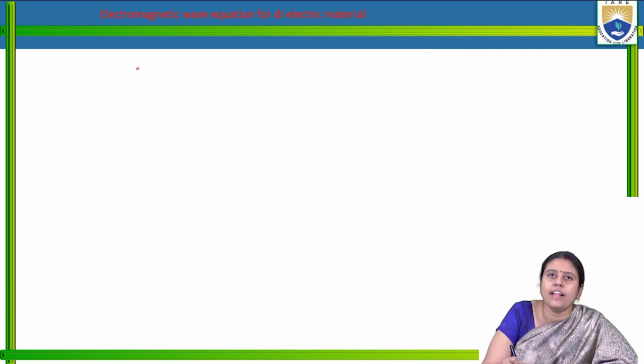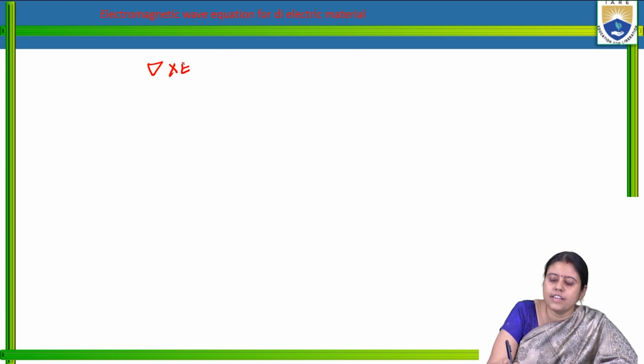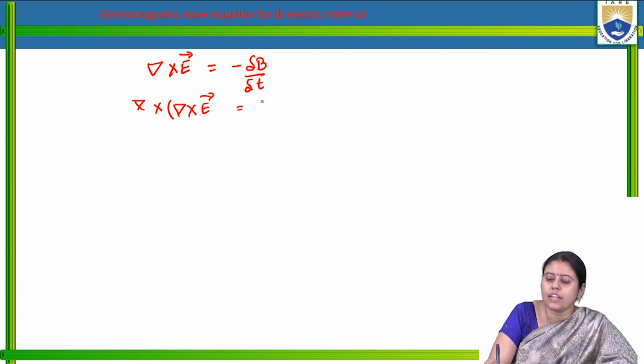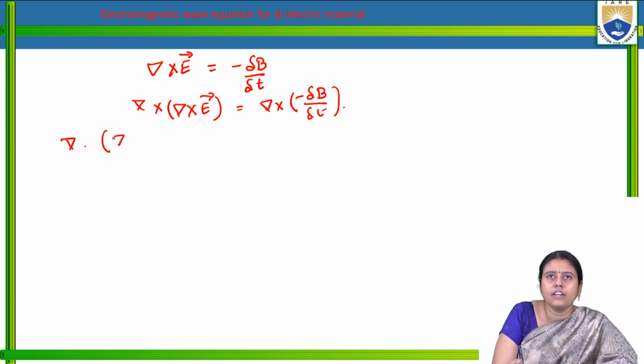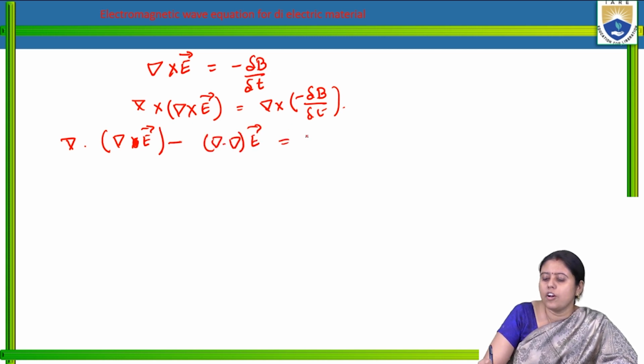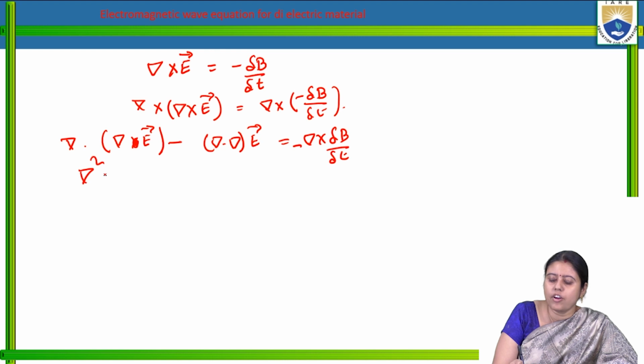In the dielectric material, again, grad cross E is equal to minus del B by del T. Again, if we take the grad cross of both sides, we get grad cross E is equal to grad cross minus delta B by delta T. So grad square E is equal to delta B by delta T.